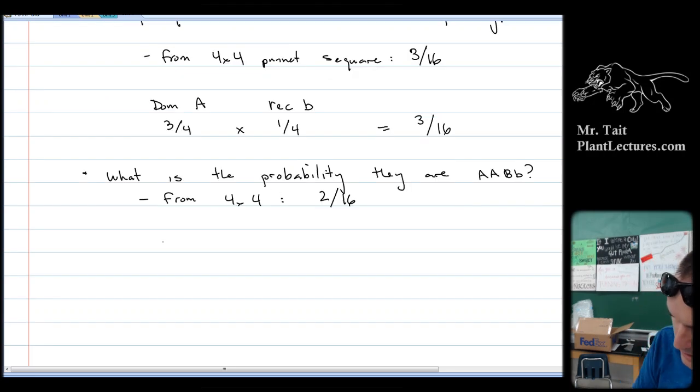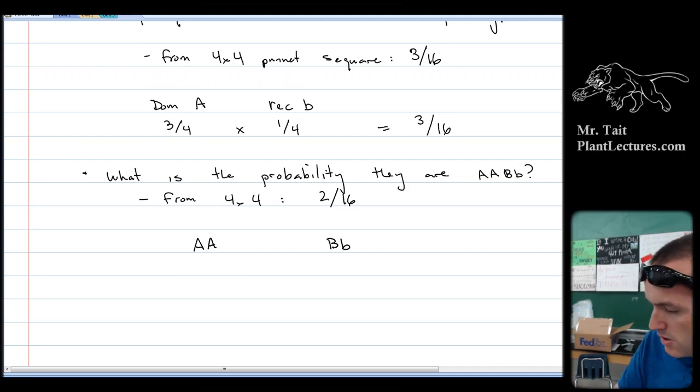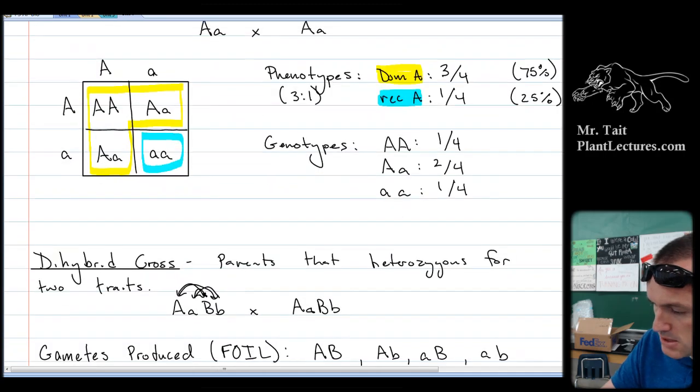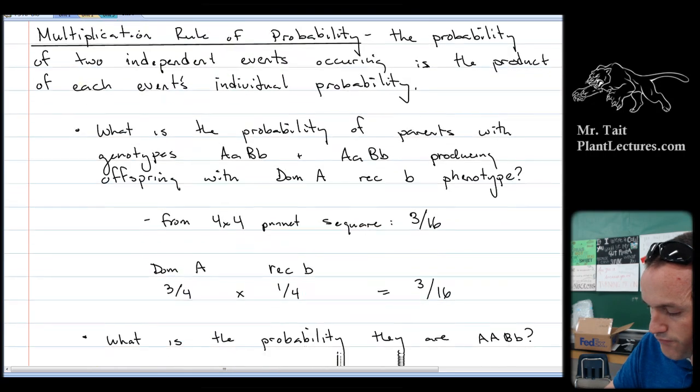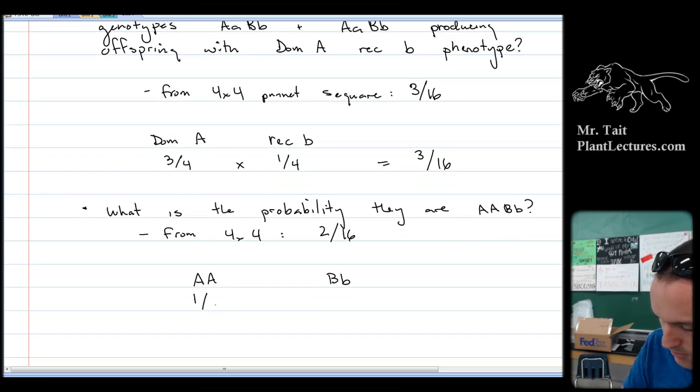All right, so now let's look at the probability that they would have big A, and the probability that they would have big B, little b. So we go up to our monohybrid cross. What's the probability of big A? 1/4, and big B, little b? 2/4. 1/4 times 2/4 gets you 2/16.